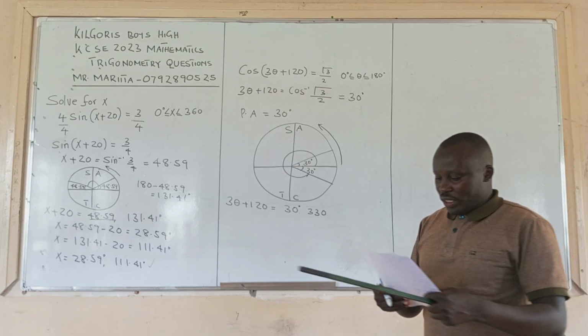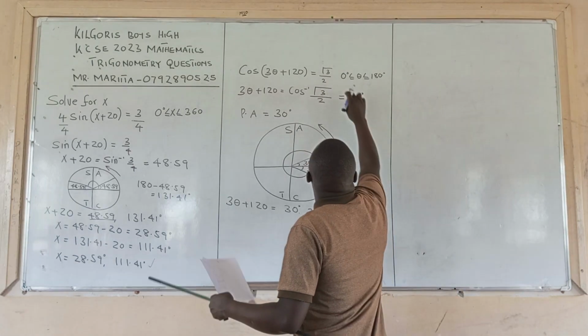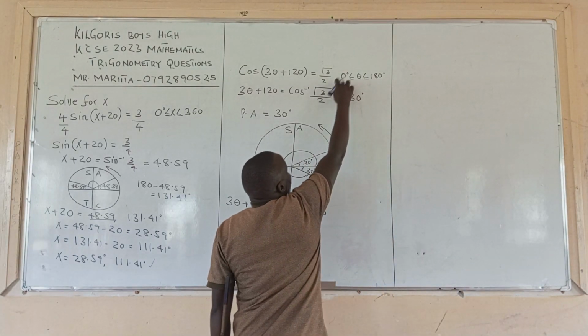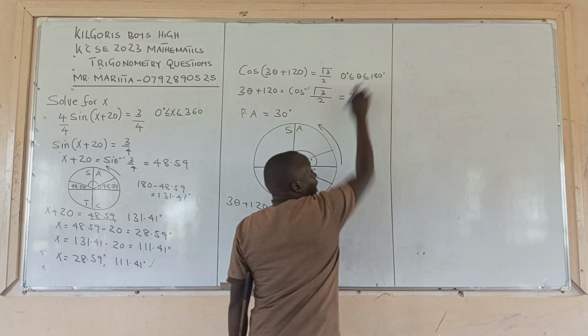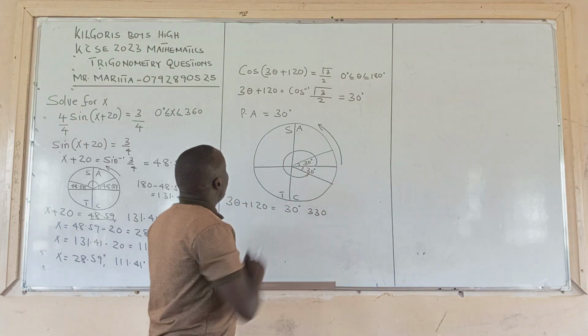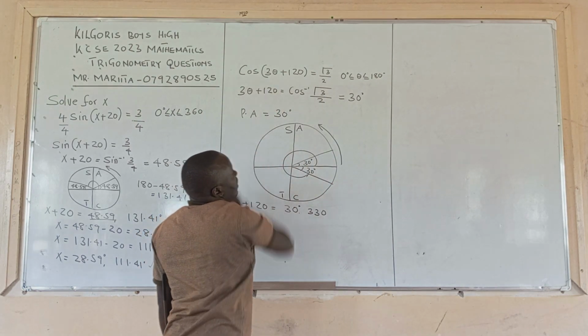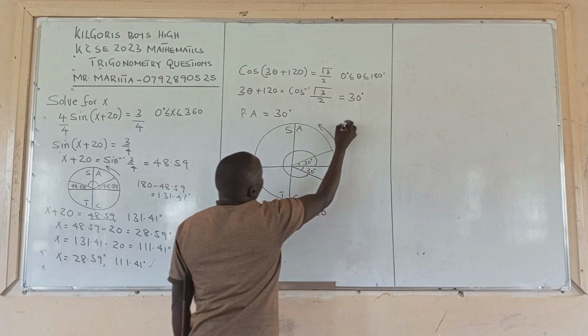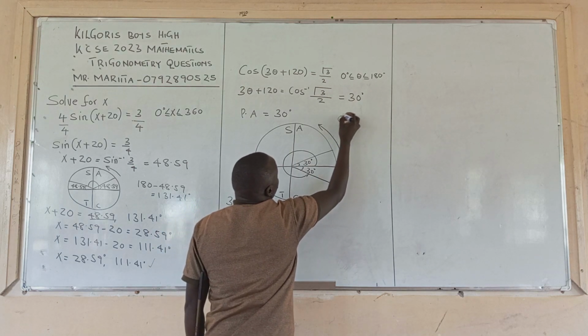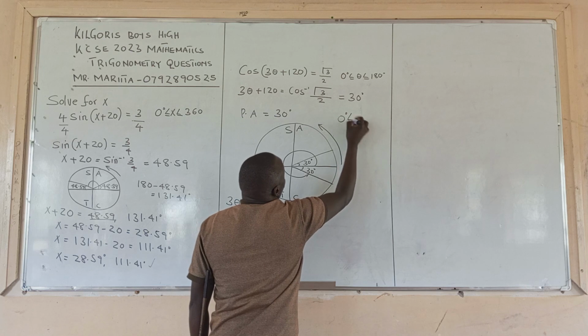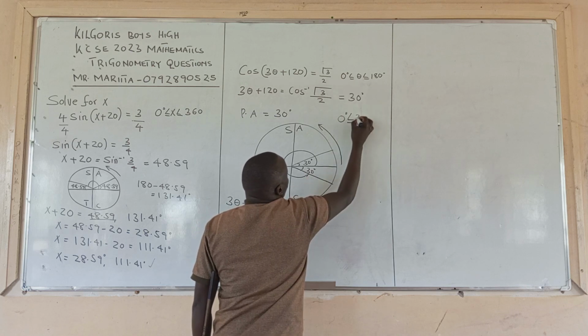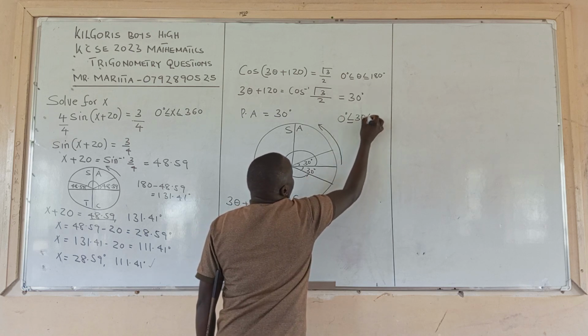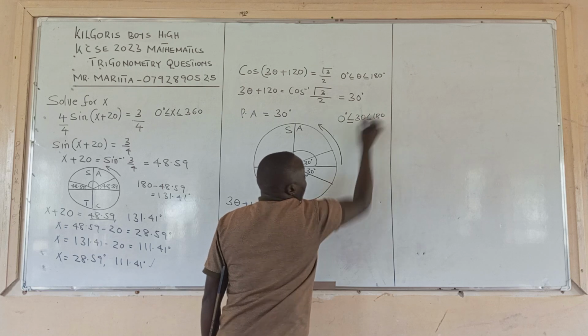Our range is between 0 degrees and 180. But now in this case we have 3 theta. So instead of having theta we have 3 theta, then 180 degrees.